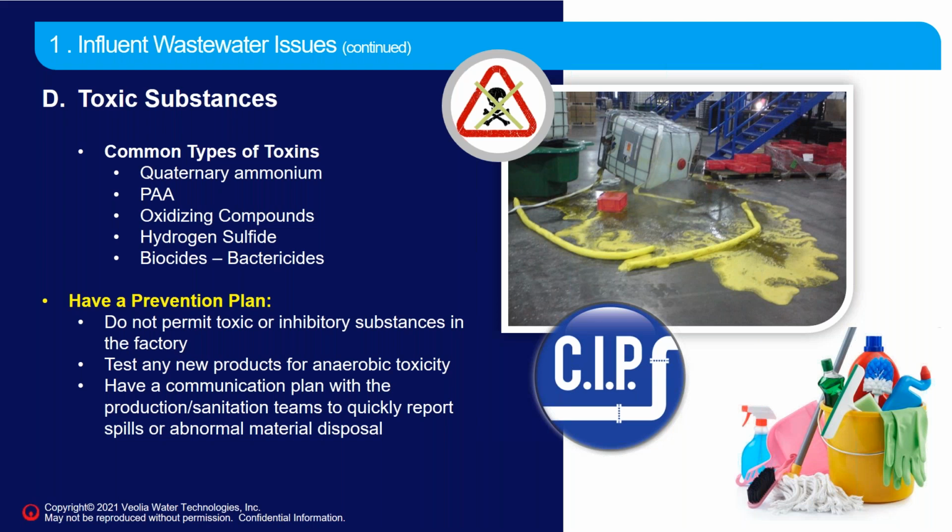Have a communications plan with the production and sanitation teams in the factory to quickly report spills and abnormal material disposals. I can't tell you how important this is. Historically, it's always been, if I spill something in the factory, I'm not telling anybody because I'm going to get in trouble.